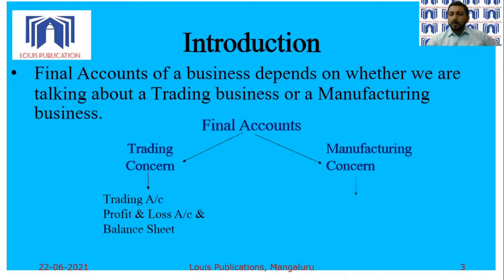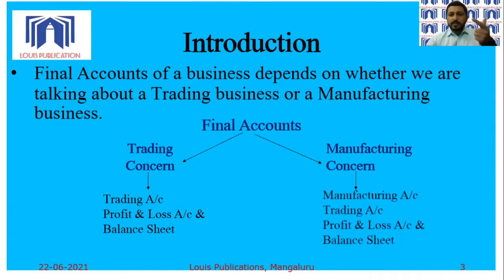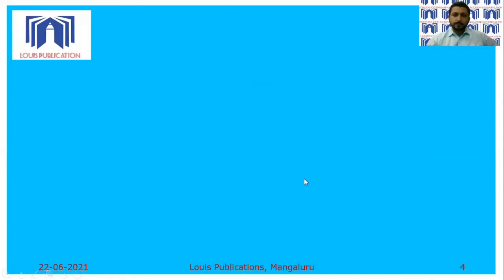If you are talking about a manufacturing concern, four things make up the final accounts. The first one is manufacturing account, second is trading account, third is profit and loss account, and the fourth one is balance sheet. So between a trading and a manufacturing concern, we find one extra account that we prepare, and that is called the manufacturing account.